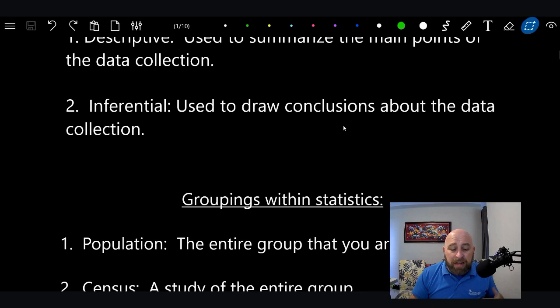You're making an inference about something. You're trying to make a projection about the future or even the past. You're saying, well, I think that this probably happened in the past because of this data right here.